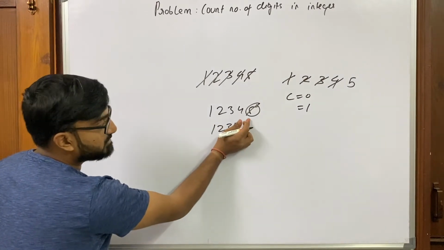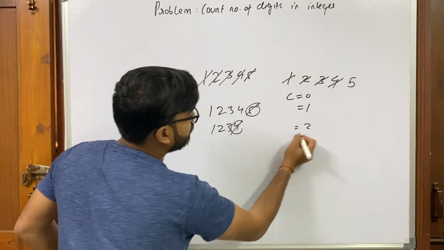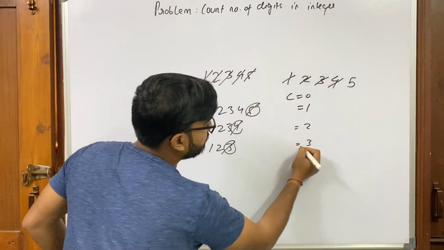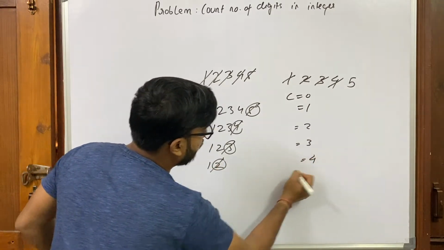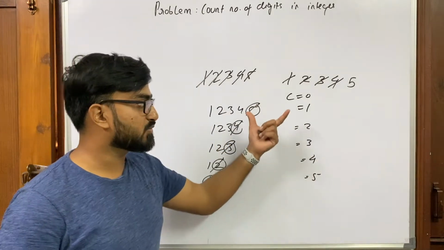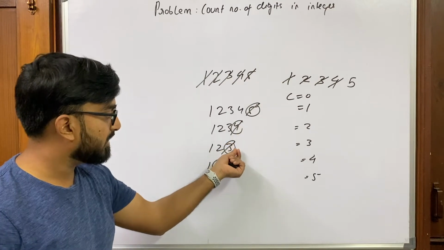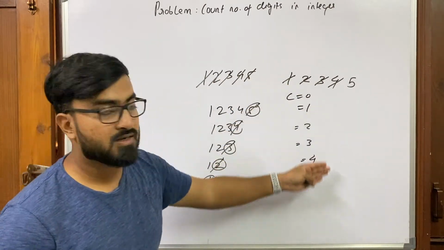I remove the units digit again, my counter becomes 2, I am left with 1, 2, 3. Remove units digit, my counter becomes 3, I am left with 1, 2. Remove units digit, my counter becomes 4, I am left with 1. I remove the units digit, my counter becomes 5. This is what we are going to use in our code. We will remove the units digit in the integer one by one and keep updating our counter.